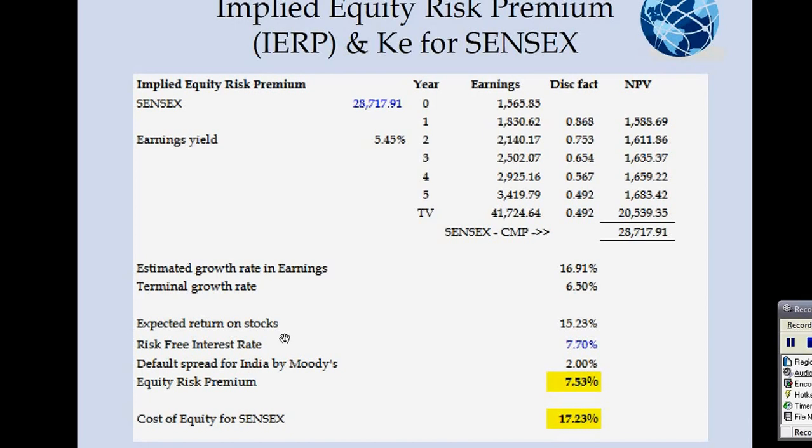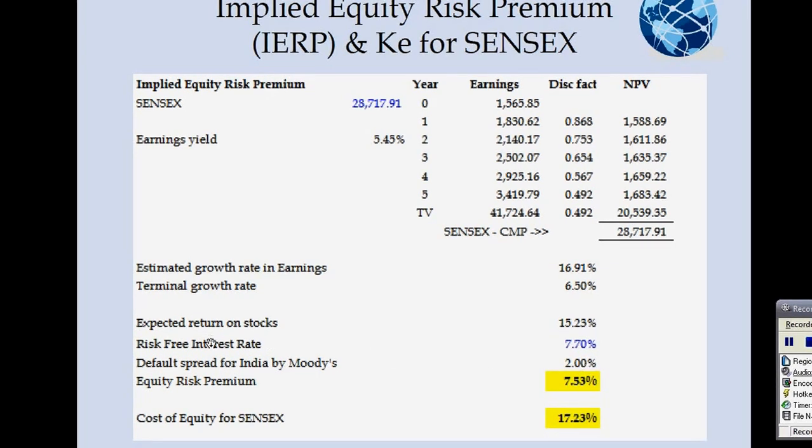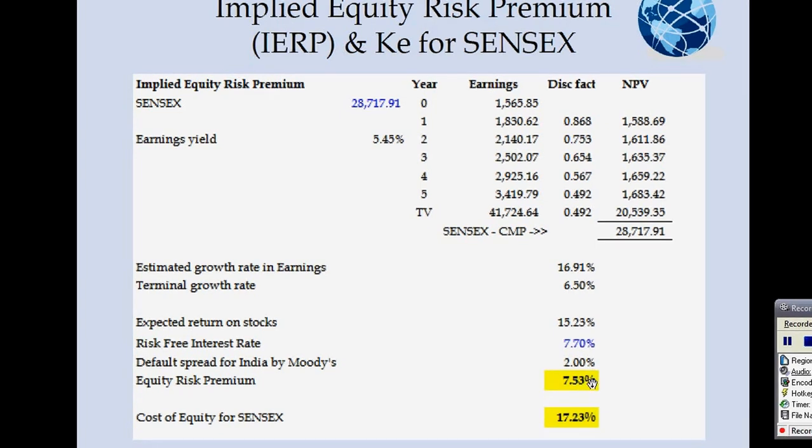The expected rate of return on stocks is 15.23%. If we deduct the risk-free interest rate of 7.7% from 15.23, we get 7.53. This is the equity risk premium.